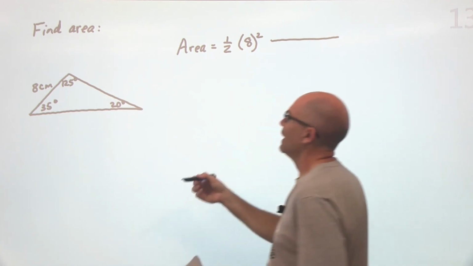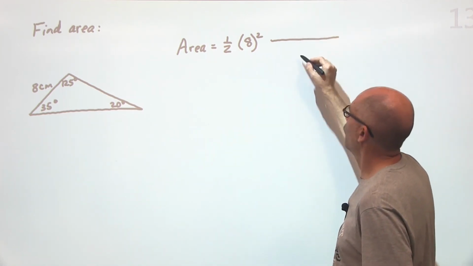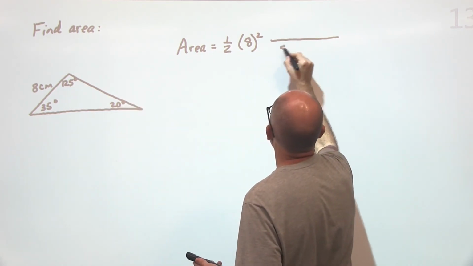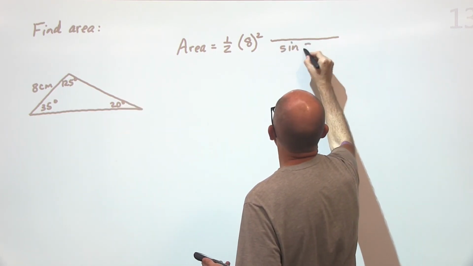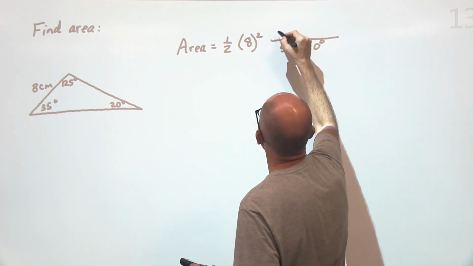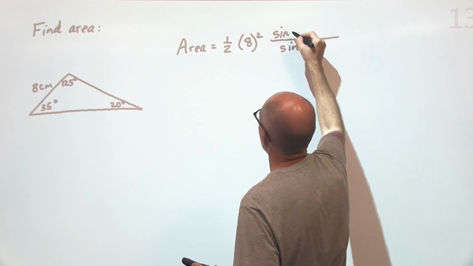Now I know I have sine of one angle times sine of another over sine of a third. Well, I know that the opposite angle goes on the bottom. Sine of 20 goes on the bottom. And what goes on the top? The other two angles, and it doesn't matter what order they are.